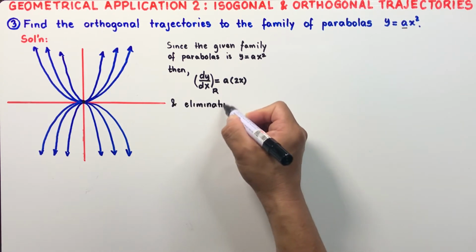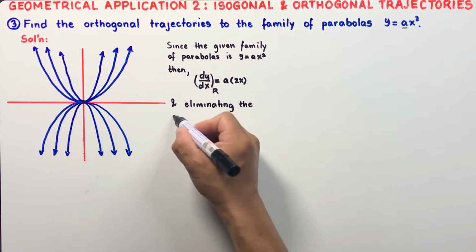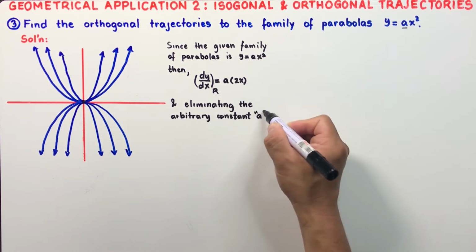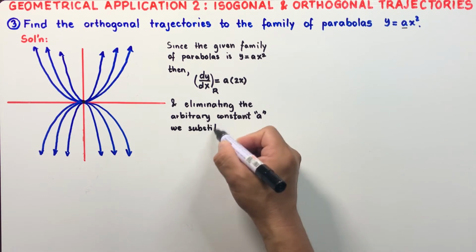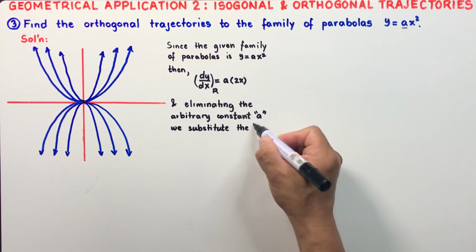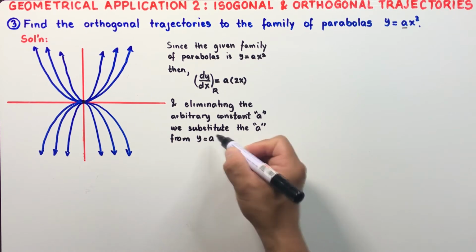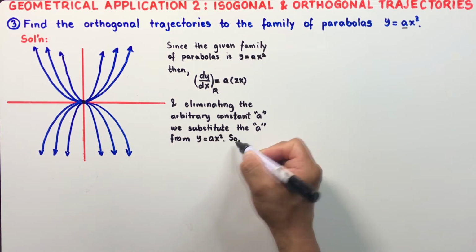So this is the slope of the given family, and eliminating the arbitrary constant a, we just substitute the a value from the given equation y equals ax squared.